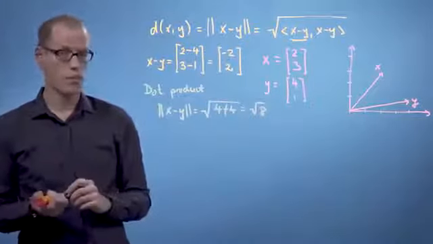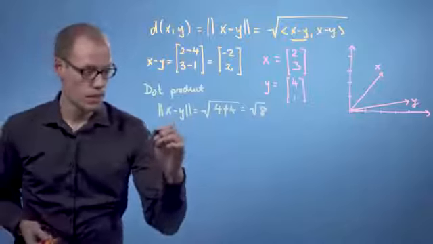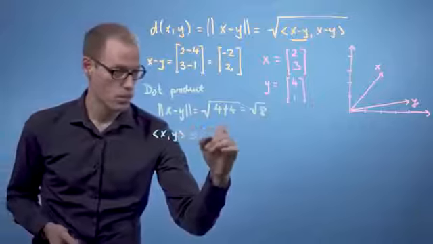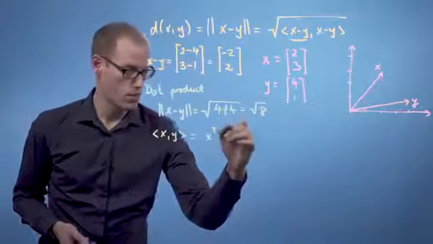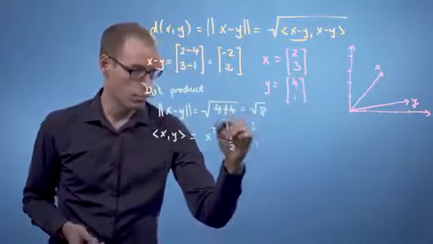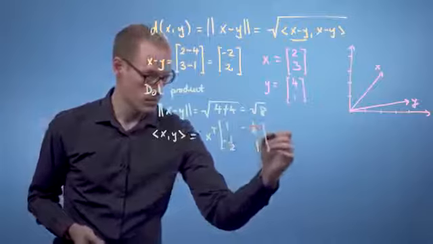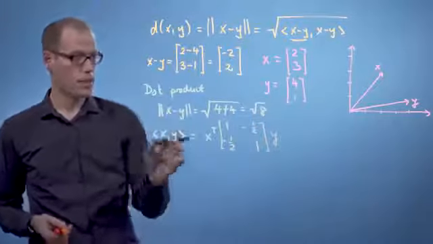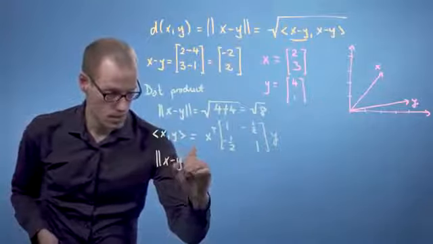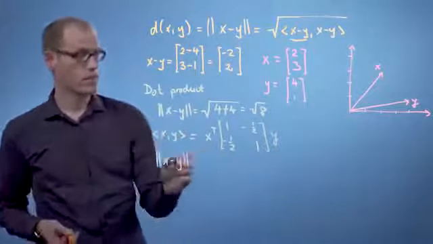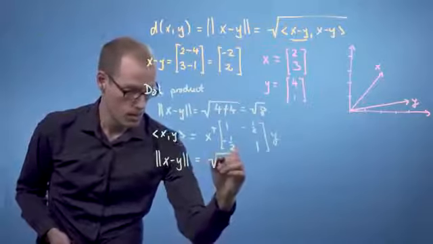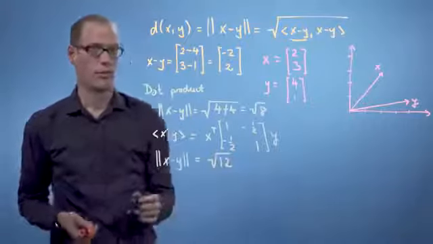And if we use a different inner product, let's say we define the inner product between x and y to be x transpose times the matrix (1, -1/2; -1/2, 1) times y, then if we now use the difference vector here, the result will be the square root of 12.